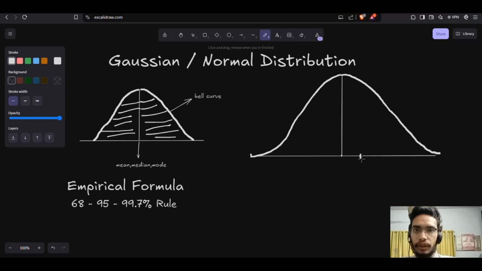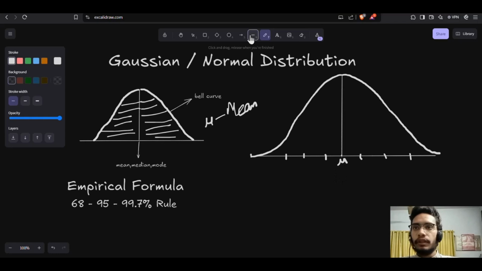So this is 1, this is 2, this is 3. Again, this is 1, 2, 3. Now, this is my mu. Mu means the mean, so mu is represented by the mean. Let me just write it here. This is mu, which is your mean.